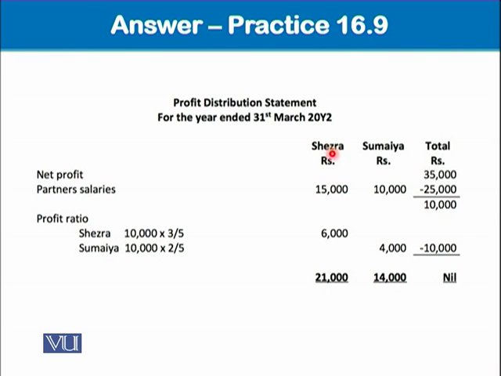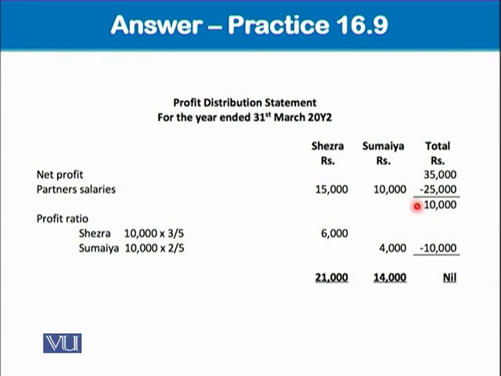So we have two partners, Shazra and Sumayya. So we have net profit of 35,000 to be distributed among Shazra and Sumayya. Partner's salary is 15,000 and 10,000. So again, I remind you that partner's salary is not an expense. It is a reason for distributing this 35,000 among the partners. So out of this 35,000, 25,000 is being distributed among the partners in the ratio of their salary.